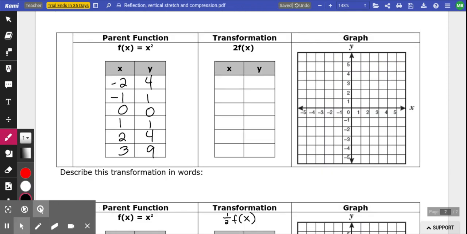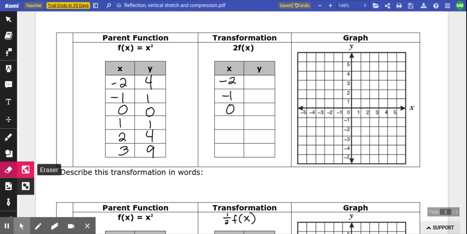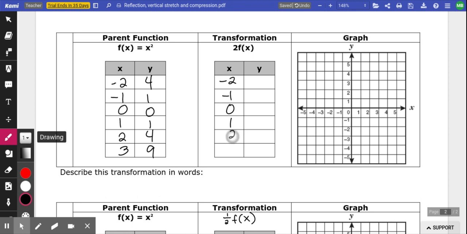This time we want 2 times the parent function. Our parent function table is already completed, so for our transformation, we're still using the same x values. However, this time we're going to multiply our y values by 2. So when x is negative 2, y is 8. When x is negative 1, y is 2.